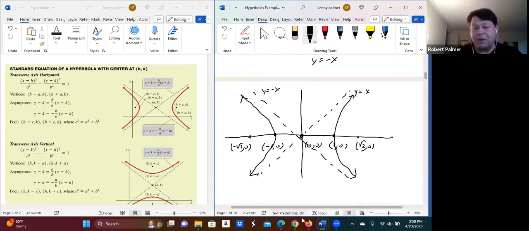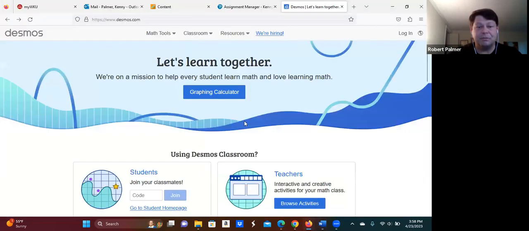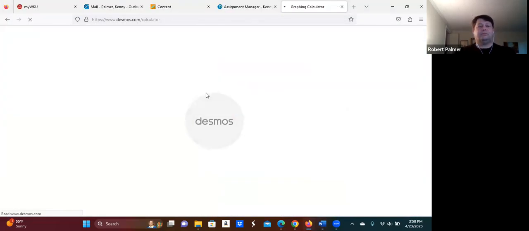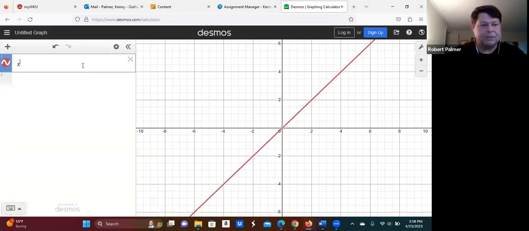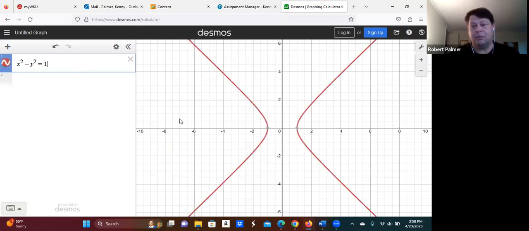Well, let's actually graph that with Desmos. We can actually graph it just as it is. And so we can do x squared minus, make sure you do the minus, y squared is equal to 1. Okay. And so we can see the vertices.